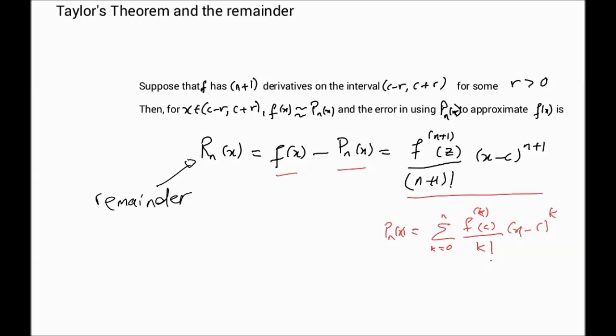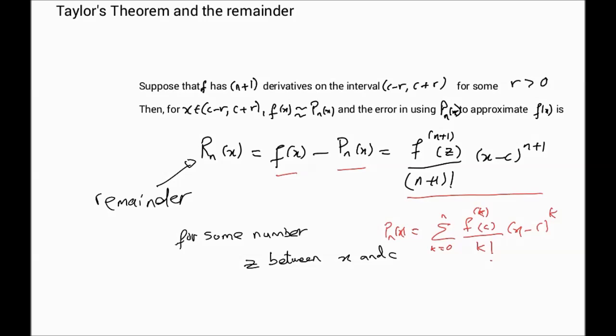Well, the theorem states that this is true for some number z between x and c. So z is some number between x and c. First of all, we need to know our c and we need to know our x, and it would be some number in between those two.